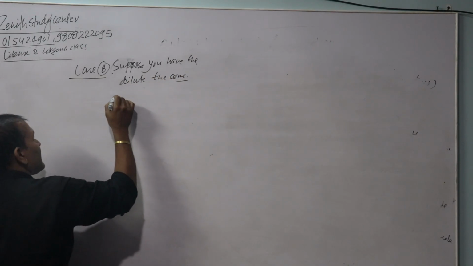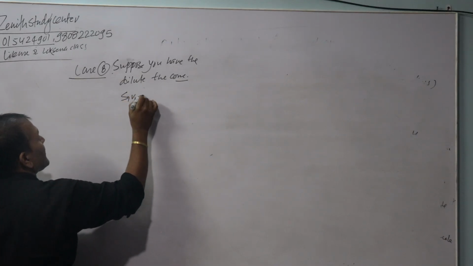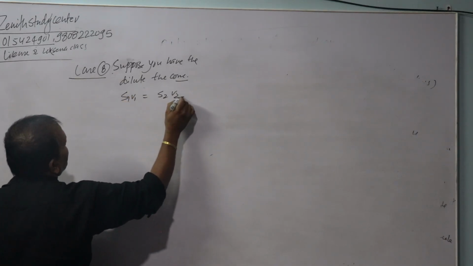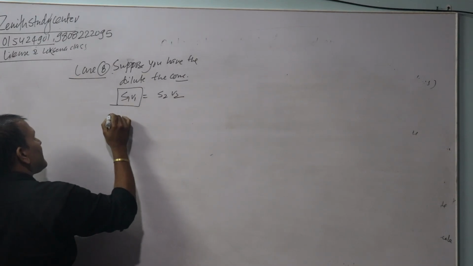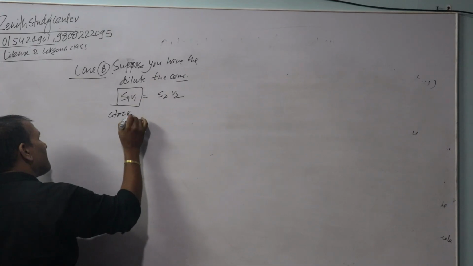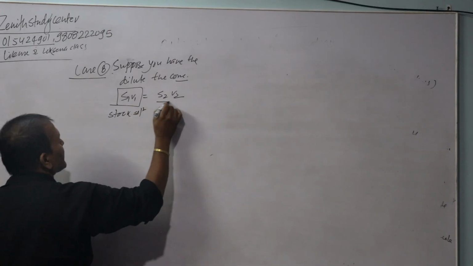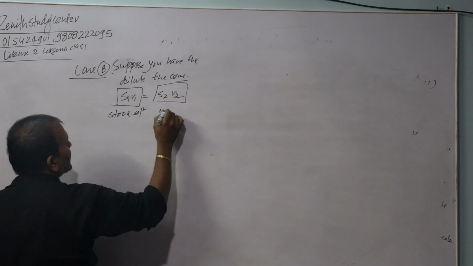So we always use the Titus equation: S1 V1 equals S2 V2. This is the concentration of the stock solution. Now this is the condition of the working solution.